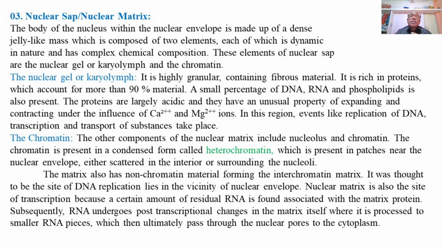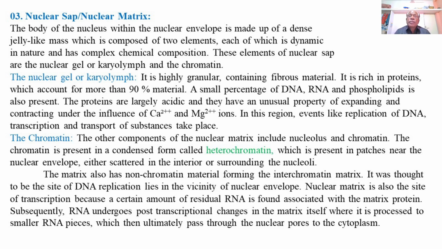The matrix has non-chromatin material. The gel-like nuclear matrix has non-chromatin material forming the interchromatin matrix, and it was thought to be the site of DNA replication, lying in the vicinity of the nuclear envelope.